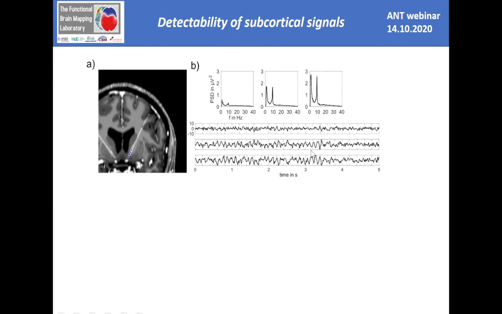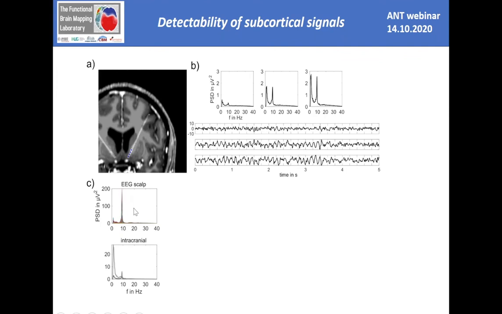What is nice here is that we have a polarity inversion between this and this, saying the electrical source was probably somewhere around here. If you compare the power spectral density on the scalp and in the intracranial recordings, you can see already with bare eyes that there is a similar peak at around 9 or 10 hertz.